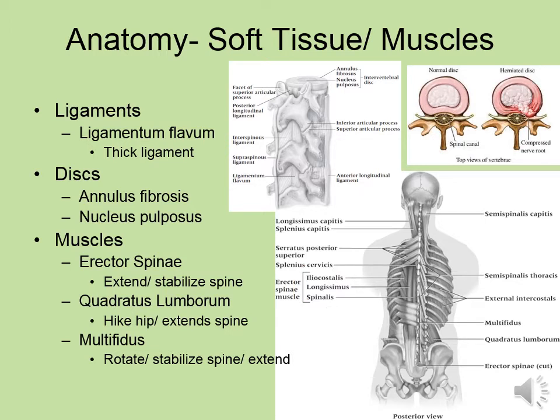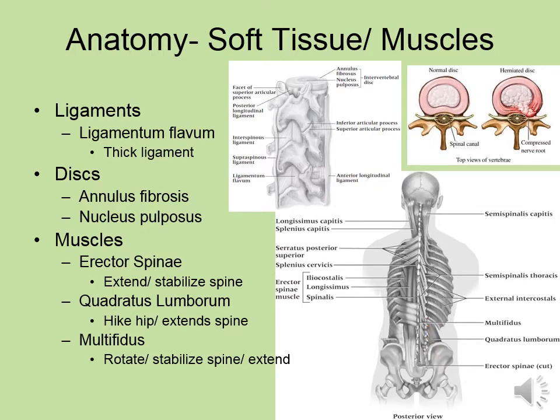The erector spinae is a muscle group. The quadratus lumborum is an independent muscle by itself, so it goes from the spine to the posterior iliac crest, and it can hike the hip independently. So if we just contracted one of them, it would hike this hip up. If we contract both sides, then it will extend the spine.